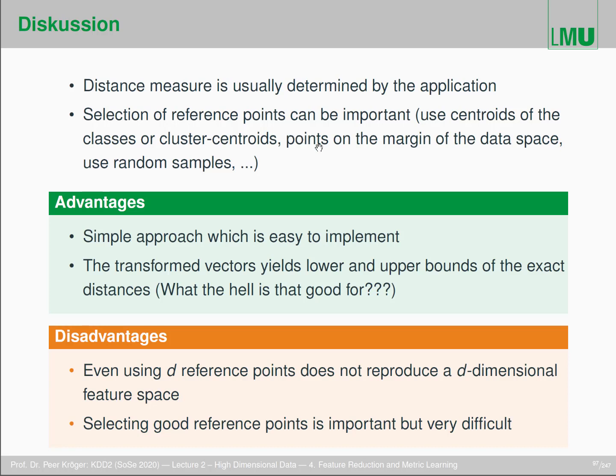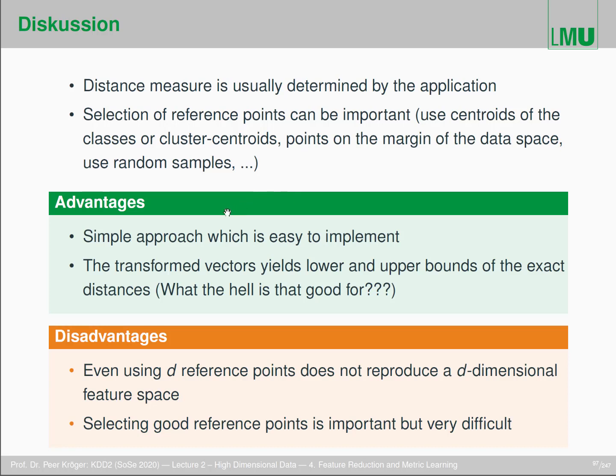Other people propose to use points on the margin, at the borders of the data space. Some people just say use k random samples, no problem. Try to distribute them uniformly. That's fine. So there are a lot of different proposals on how to select the reference points, and the reason is that the selection of the reference points can be extremely important for the accuracy of the resulting data space.